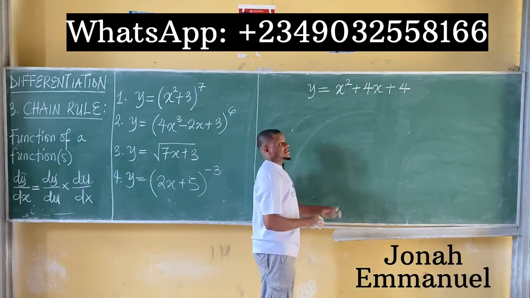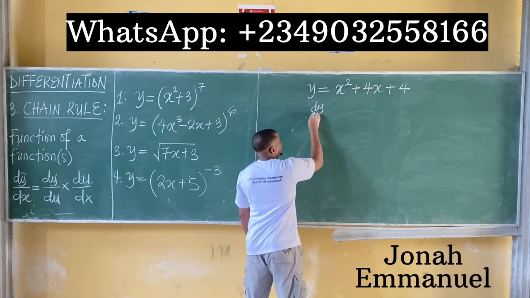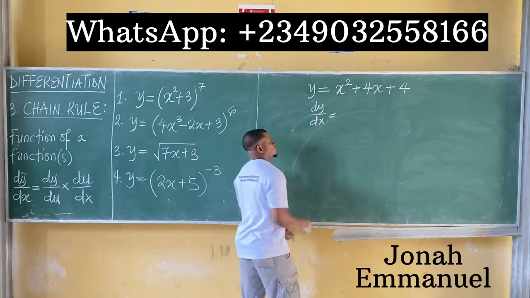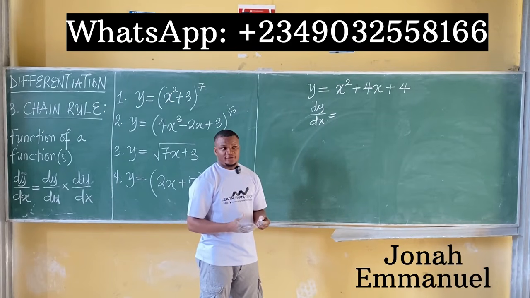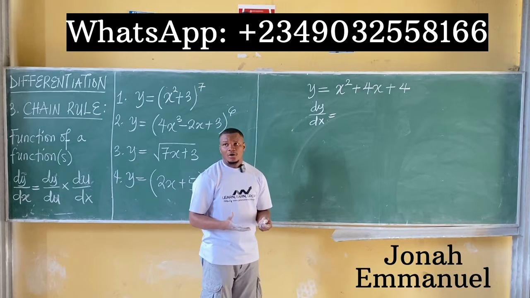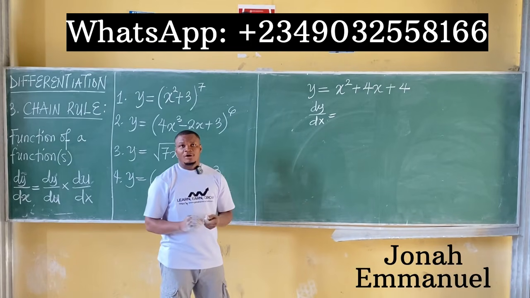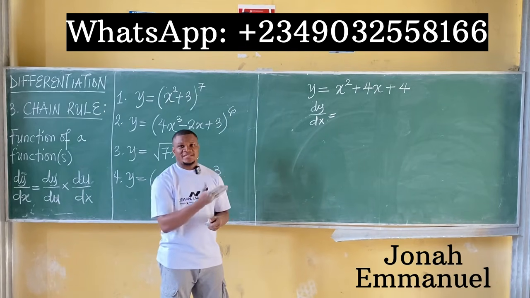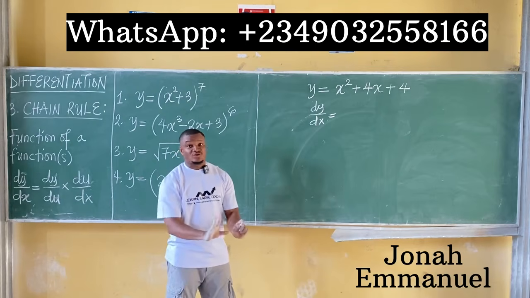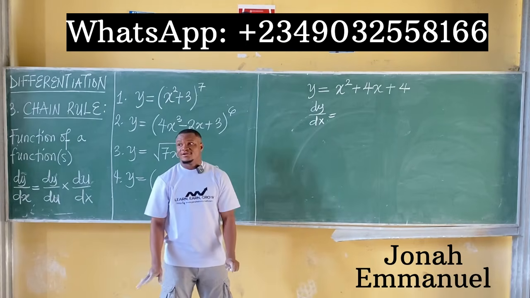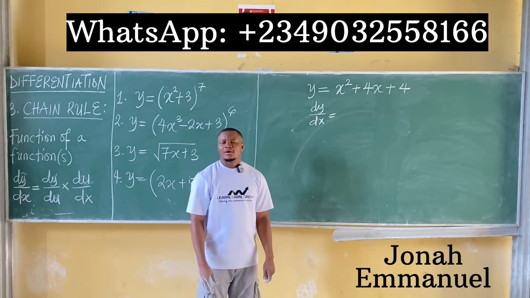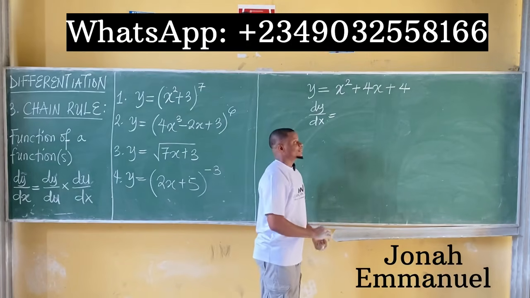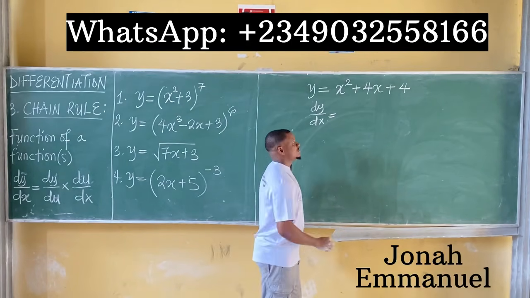If I want to get dy/dx, which method can I use here? The general method, right? Of course, I'd be crazy to use first principles, except I am asked to use it. That's the difference. But when they say find dy/dx, I will not use first principles, that's too long. Use the general method here. What's dy/dx?